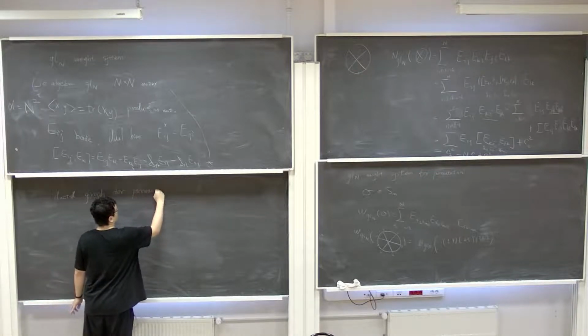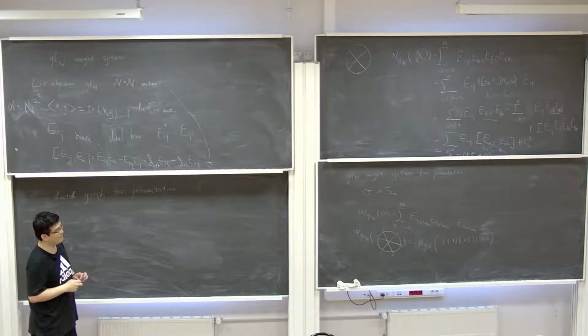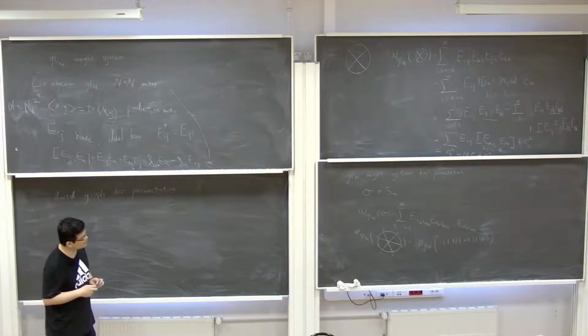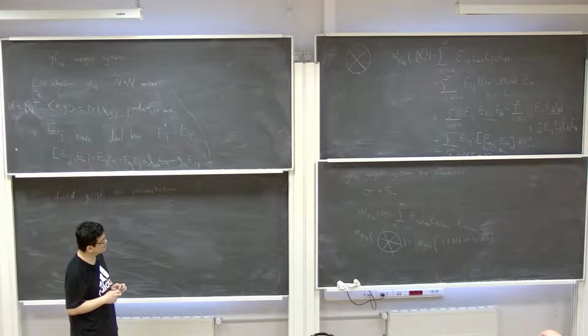Is it correct that small n in the definition of permutation group and capital N in GLN are the same? There is no small n in the definition of permutation. There is small m, which is arbitrary and has nothing to do with capital N. Can you say again, please, the definition of the weight invariant for permutation? We have a permutation sigma.